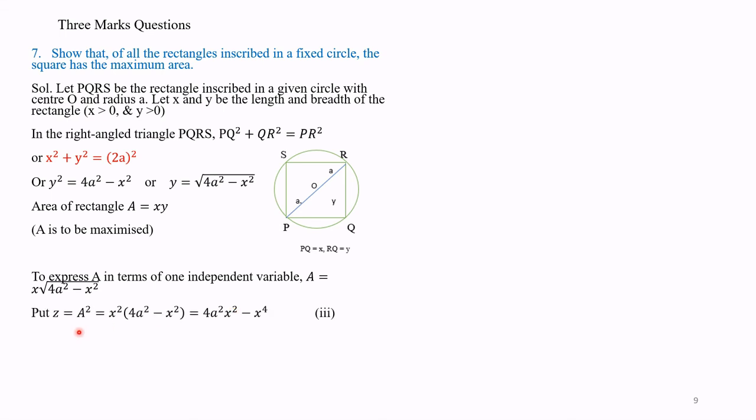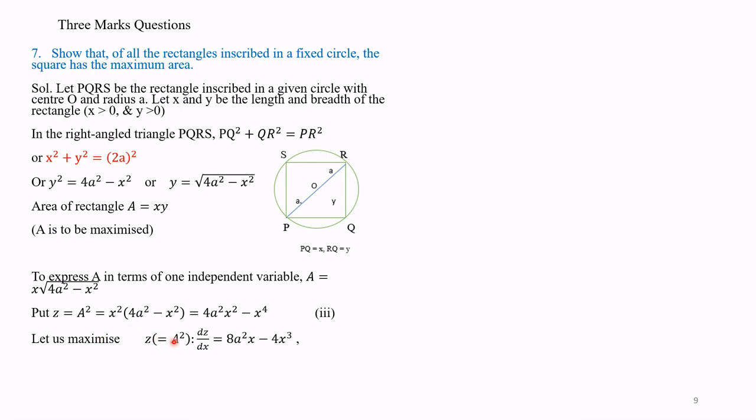Therefore, put z is equal to A squared is equal to x squared into 4a squared minus x squared, that is equal to 4a squared x squared minus x to the power of 4. Let it be equation 3.